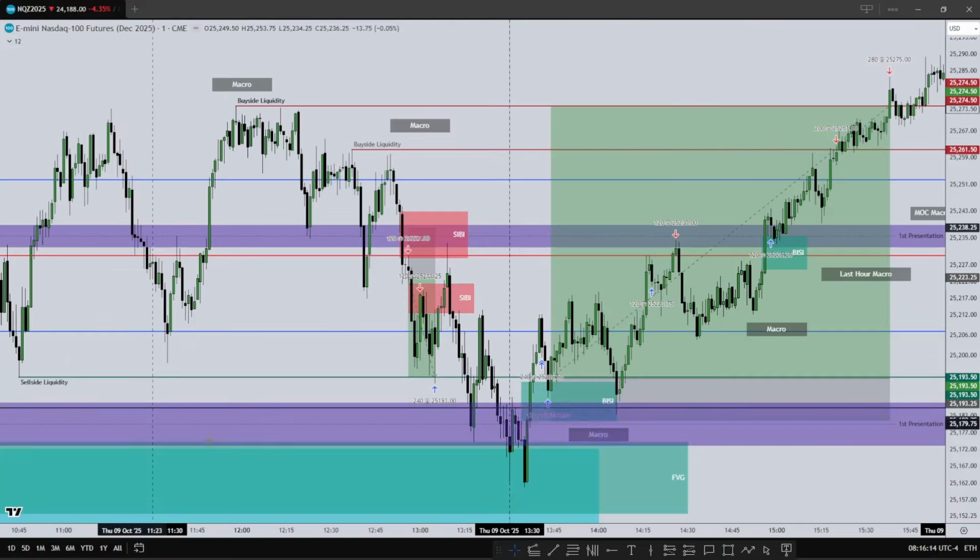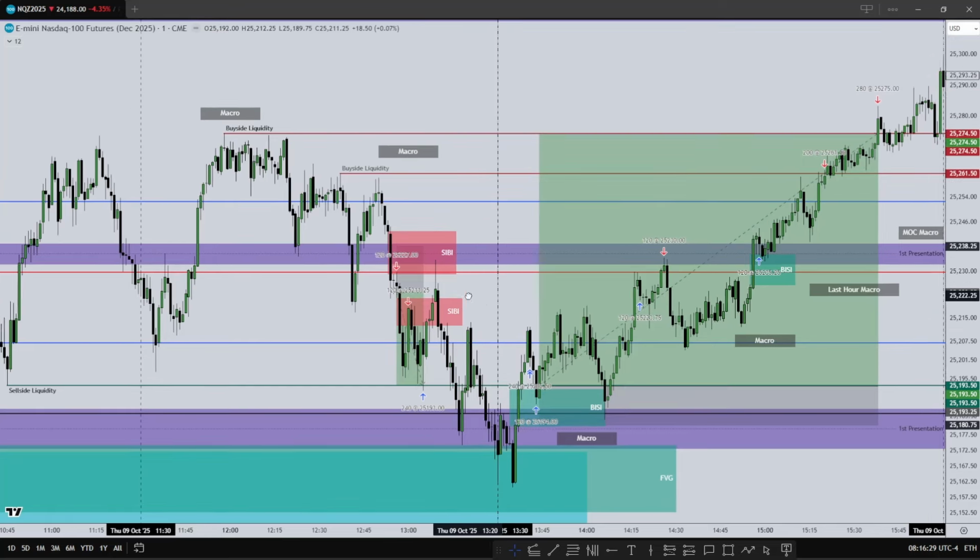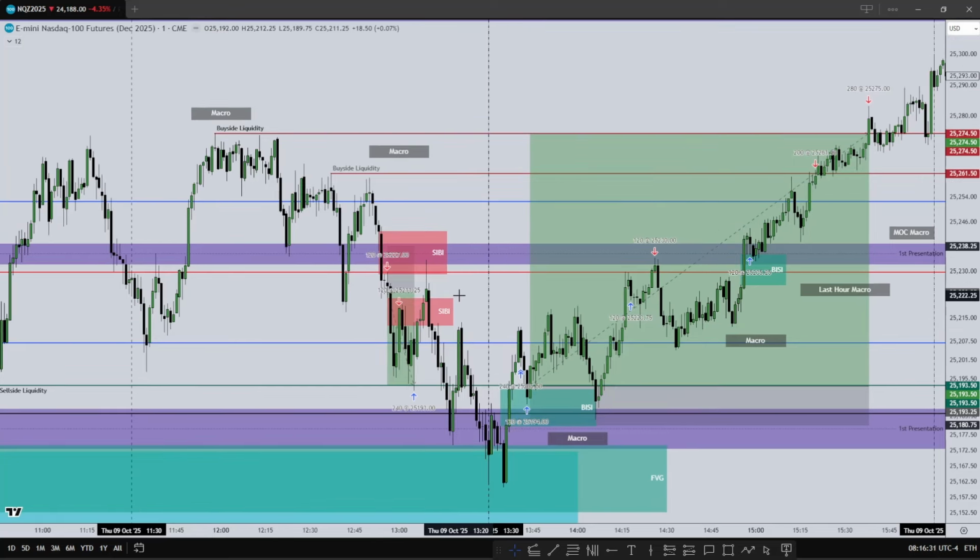Now it's already going into the discount arrays in here. And the next time window or time point I'm watching is 1:30 p.m. because that is the starting point of the time window for the PM session. Inside that time window of the PM session, we have 4 different macros. We have the 1:50 to 2:10 macro.